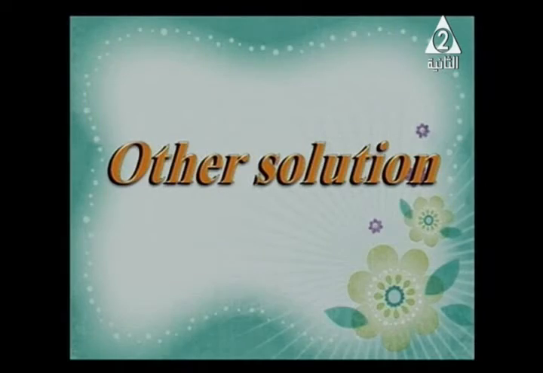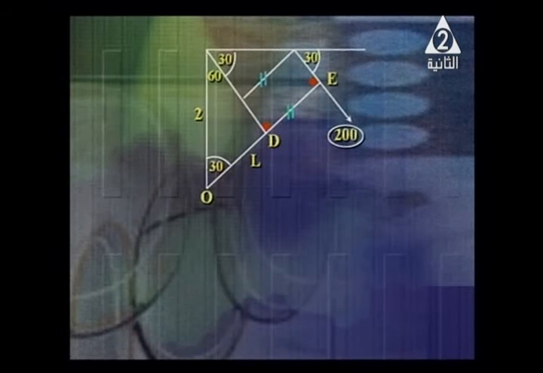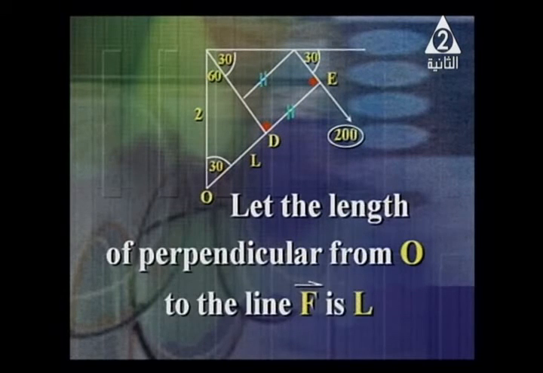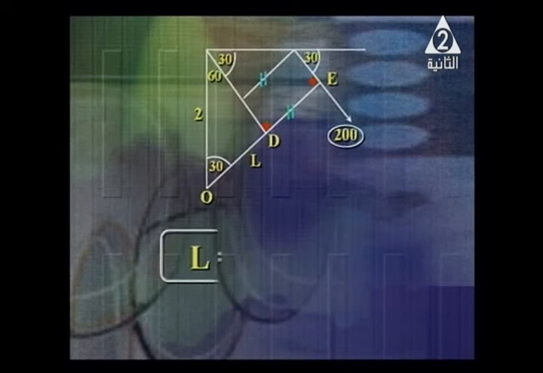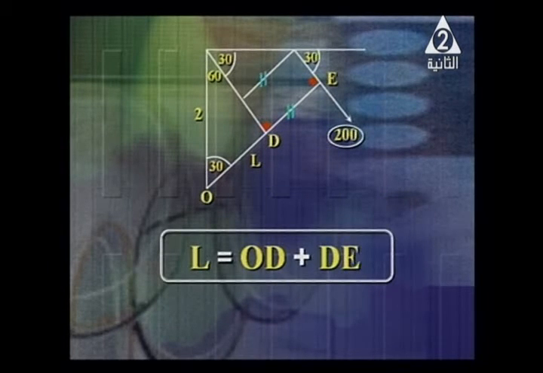We have solved it by another solution. Look at 200. The length of the perpendicular from O to the line of F is called L. L consists of, dear student, OD and DE. What is the length of OD?